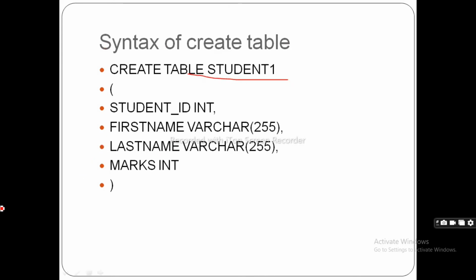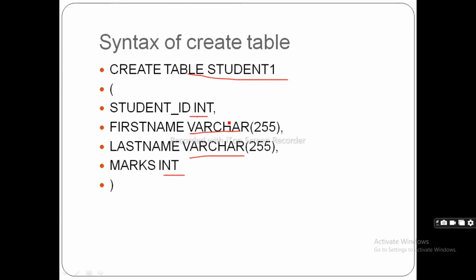Create table student1, open bracket, student_ID integer, then varchar, again varchar, and again integer as the data types. Student ID will be integer.